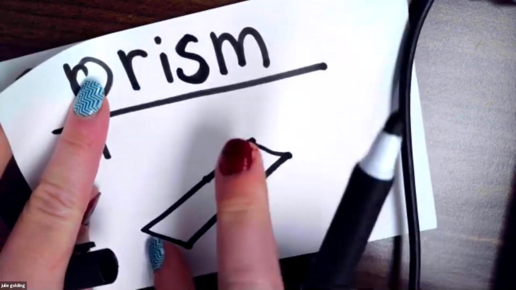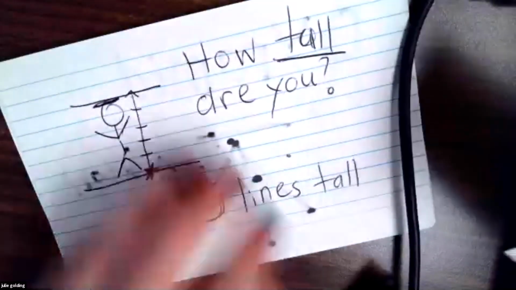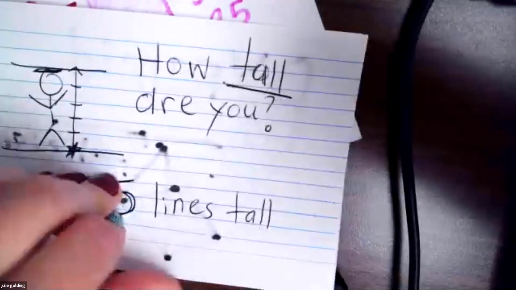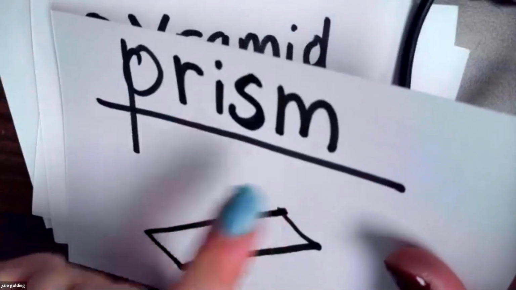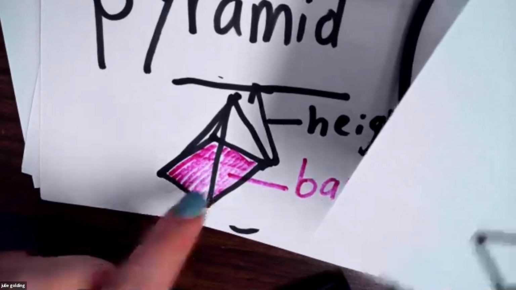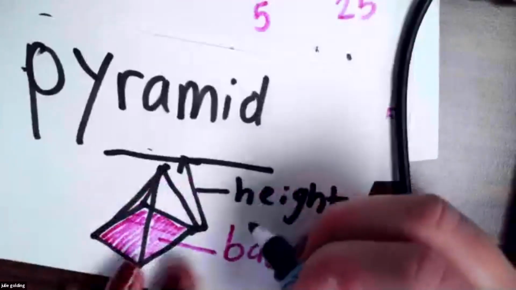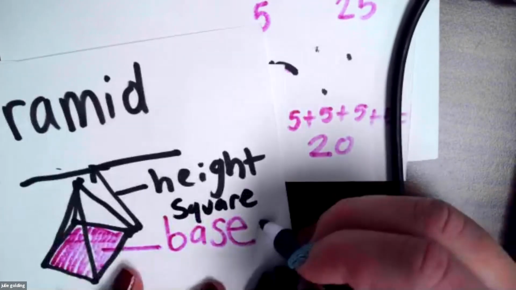Here and here are shorter, and here are longer. For the pyramid, we have pyramid and prisms. Pyramid, prism. Pyramid has a square at the bottom. Square base.